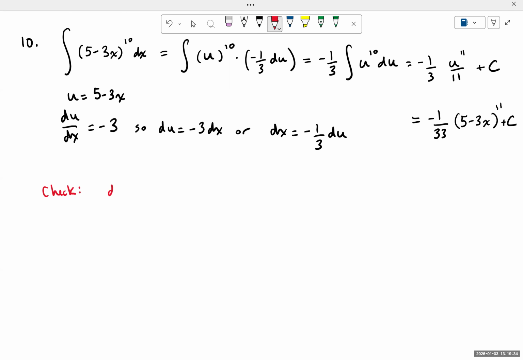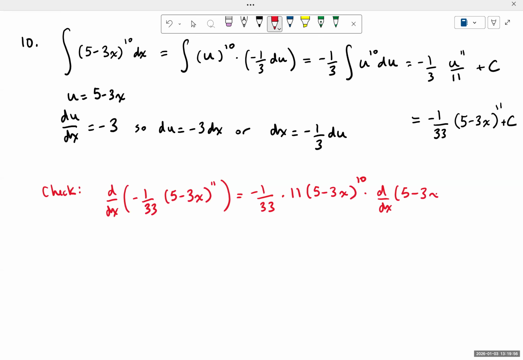So if I do the derivative with respect to x of this thing, 5 minus 3x to the 11, I'm going to get this, and then I do 11 times 5 minus 3x to the 10 times the derivative of what's inside the parentheses.